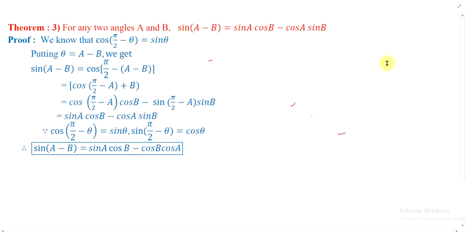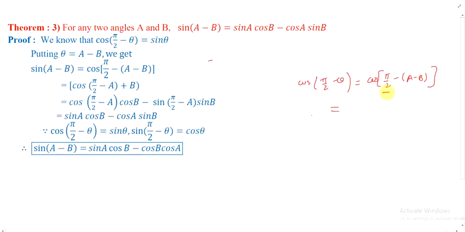Now we write this as cos((π/2−A)+B), because we have chosen it.